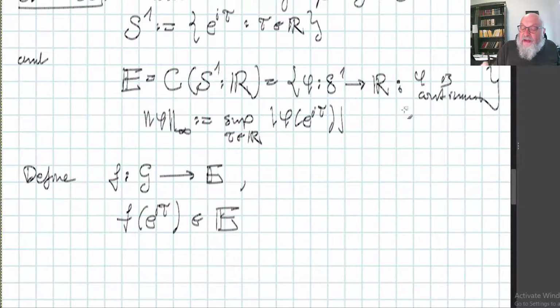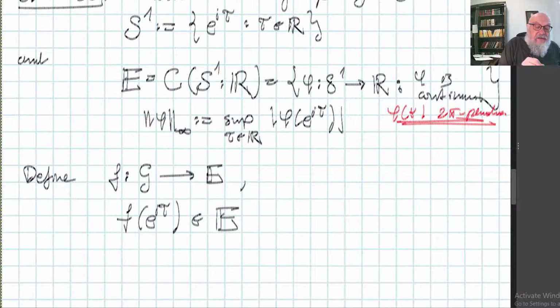Maybe sometimes it's better to write that phi of t is 2π periodic, because we can use this identification. If you have a function on the circle, you can think about these functions as periodic functions on the interval 0 to 2π.